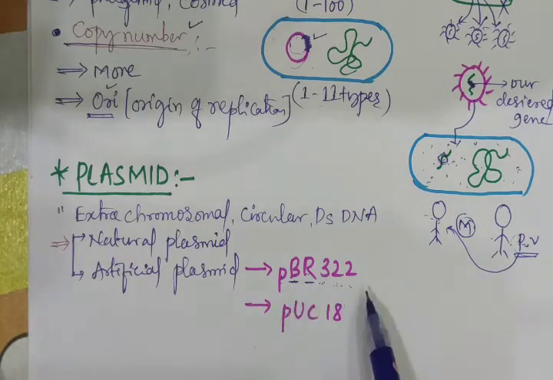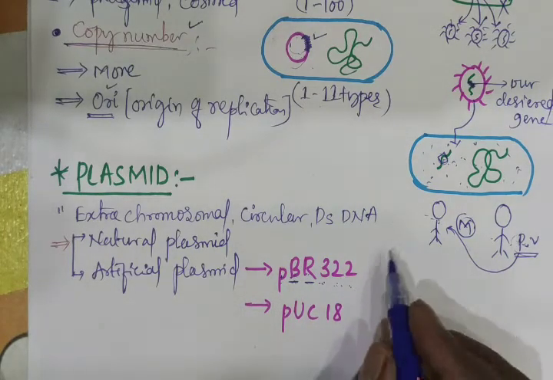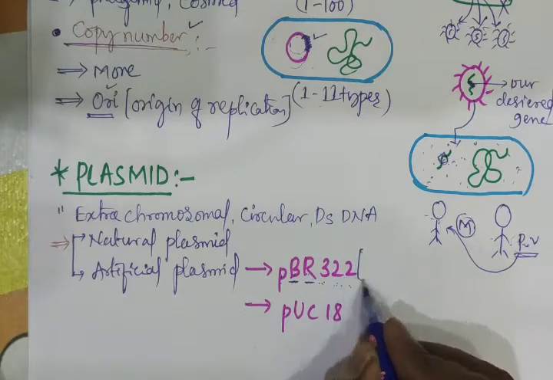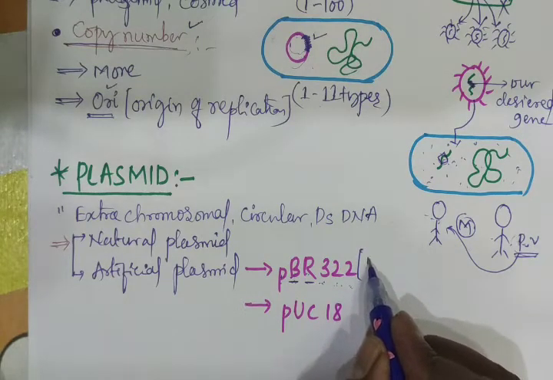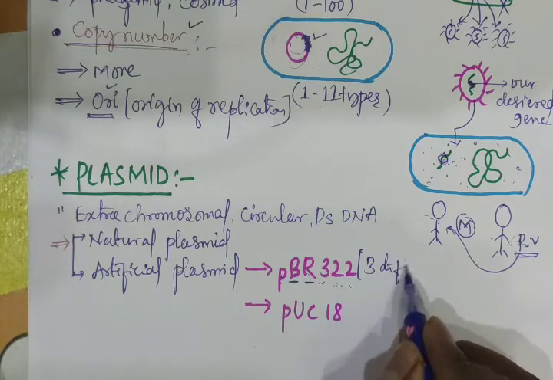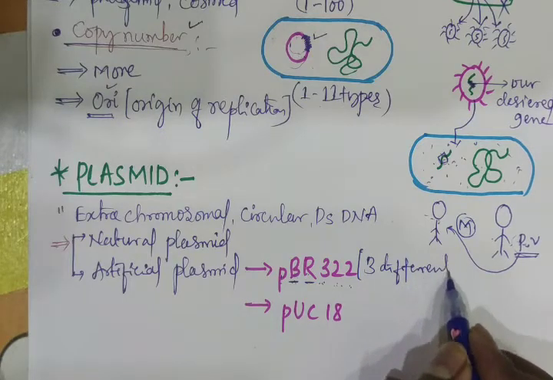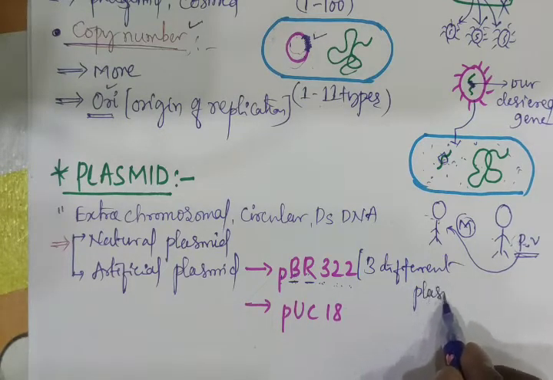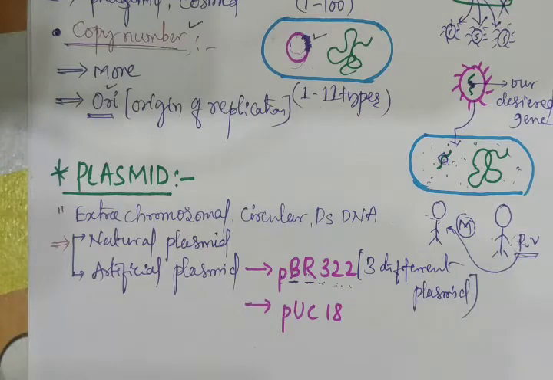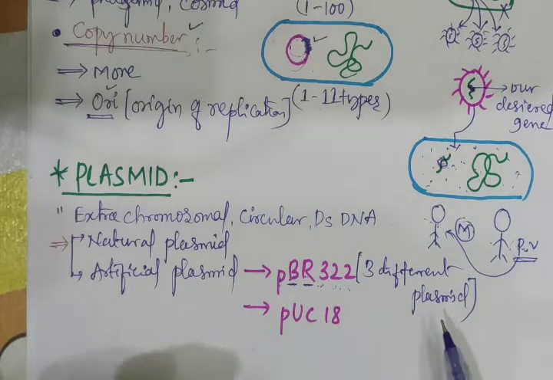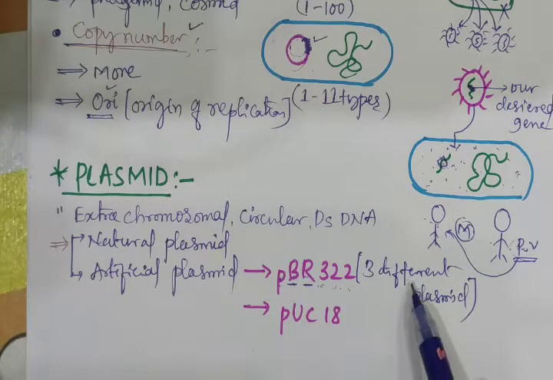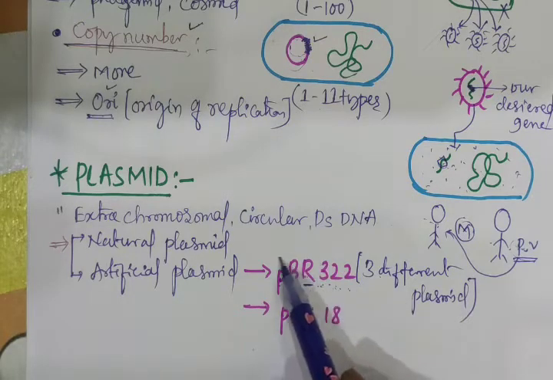So pBR322 is an artificial plasmid constructed from 3 different plasmids. That means already so many plasmids were present. By using 3 different plasmids, Bolivar and Rodriguez produced the pBR322 plasmid.